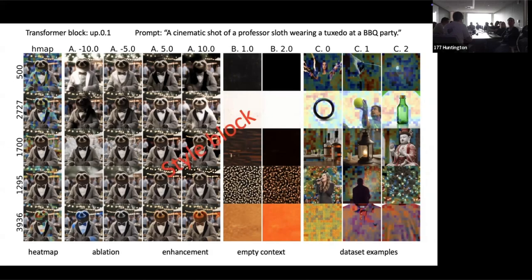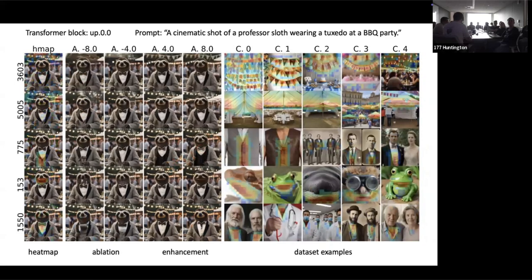Okay, style block. And the last one that is interpretable is the detail block. The detail block doesn't do anything on the empty prompt, which is why these columns disappeared, and we have more dataset examples. But if you do something in the relevant context, like the context of the prompt, you can get strong effects.